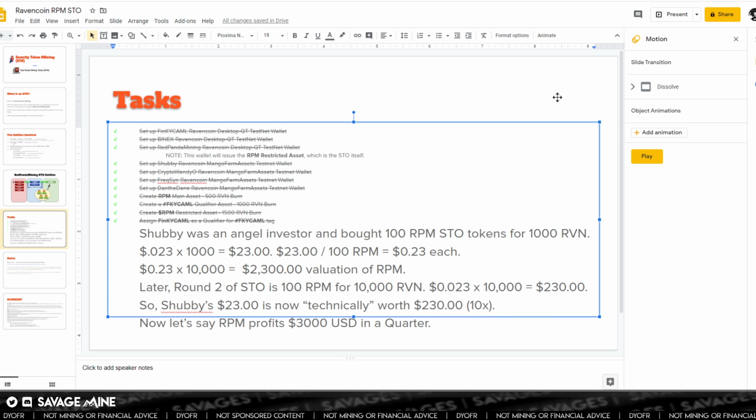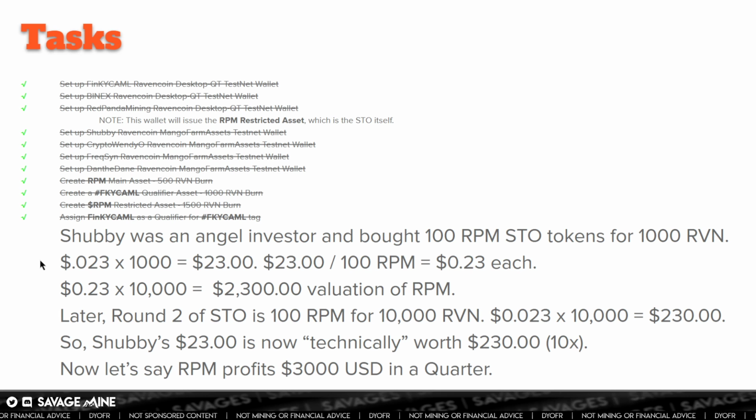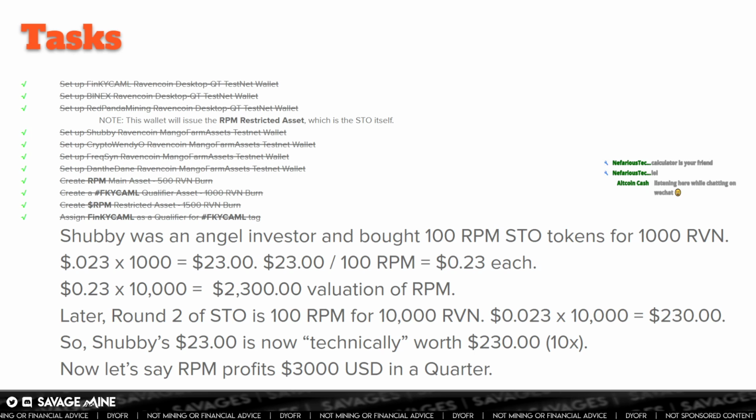So I say here, okay, so later in round 2 of the STO you get 100 RPM for 10,000 Raven, right? So that's the second round. So you can see how Shuby's, if this were to happen like this, let's say there was 3 months or 6 months or a year in between the time that Shuby was the angel investor and the second round of the STO was implemented, then his valuation has gone from $23 to $230, right?